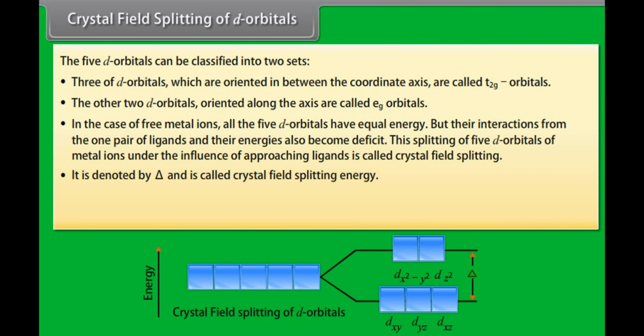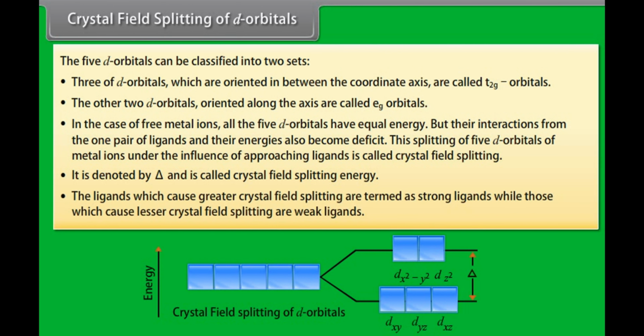It is denoted by delta and is called crystal field splitting energy. The ligands which cause greater crystal field splitting are termed strong ligands, while those which cause lesser crystal field splitting are weak ligands.